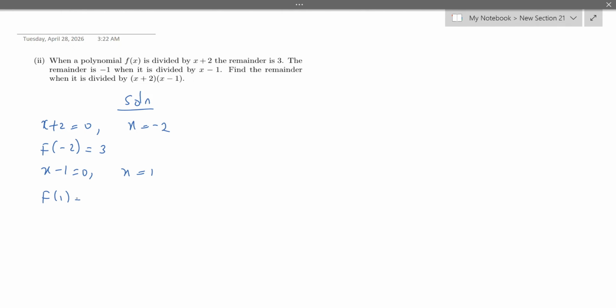So f of 1 is equal to minus 1. So these are from the remainder theorem.